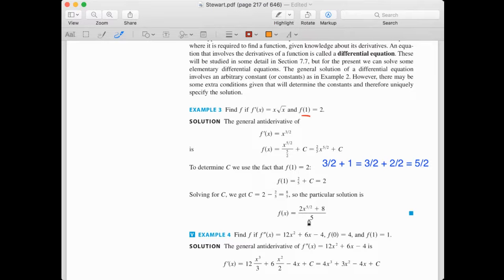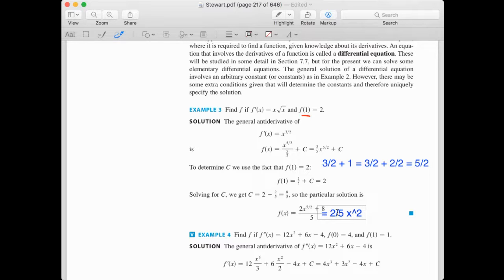Okay, then we can write it this way. But usually we don't write the answer with x raised to a fraction power. We would write this as 2 over 5, then x raised to 5 over 2, we can factor out x squared, right?